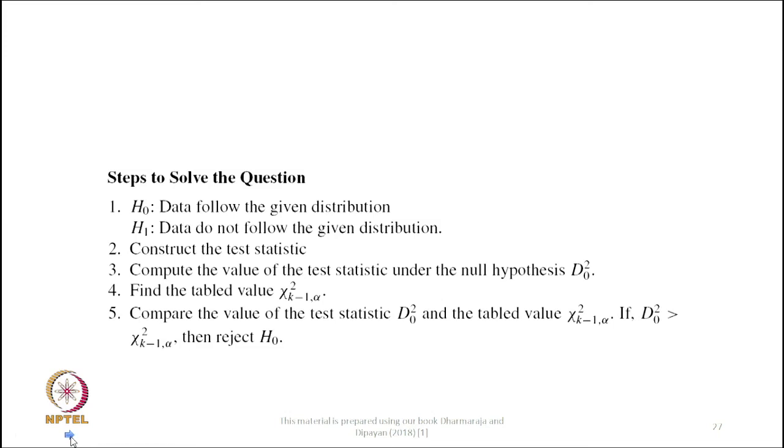So, you keep the critical region as one side, the right hand side, it is a one sided test, and identify the point at which the right tail probability is going to be alpha with the chi-square distribution with k minus 1 degrees of freedom.